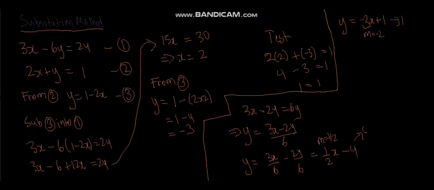So when we solve simultaneous equations, what we are actually getting is the points on the Cartesian plane. Let me just try to sketch these lines here. So line 1 would be, the y-intercept is minus 4, so something here.